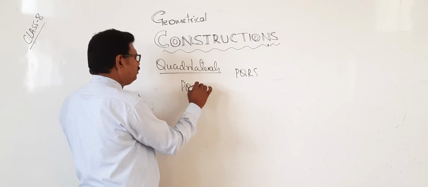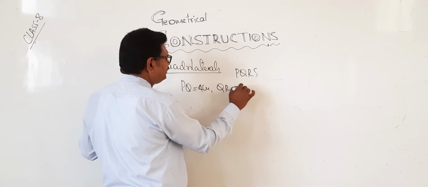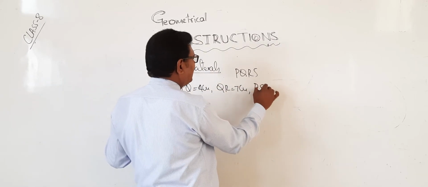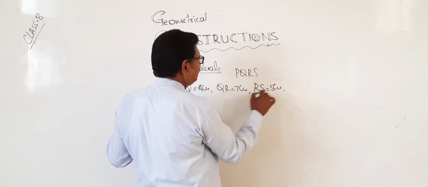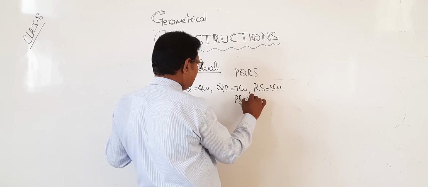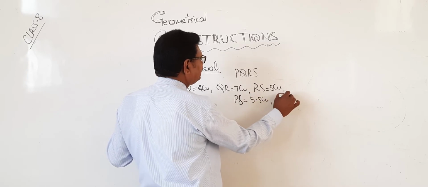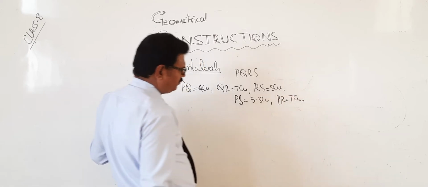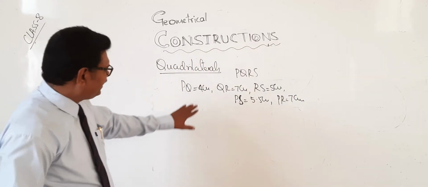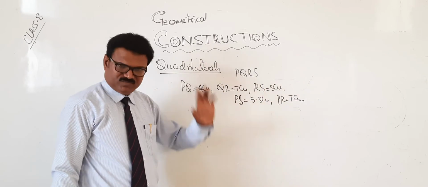PQ equal to 4 centimeters, QR 7 centimeters, RS 5 centimeters, PS 5.5 centimeters and PR 7 centimeters. Now total how many elements are there? 1, 2, 3, 4 and 5.